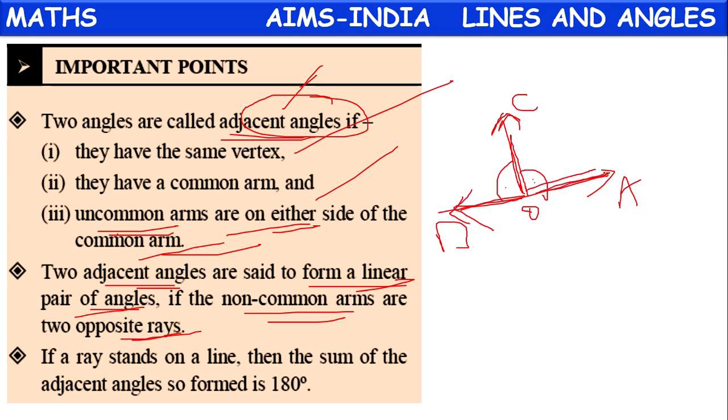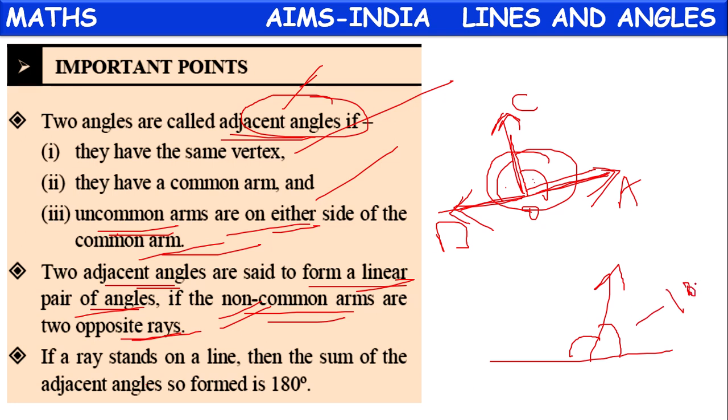If they form opposite rays, then this is called a linear pair, which is equal to 180 degrees. That is the point we have learnt. If a ray stands on a line, then the sum of adjacent angles formed is equal to 180 degrees. This also we have learnt.